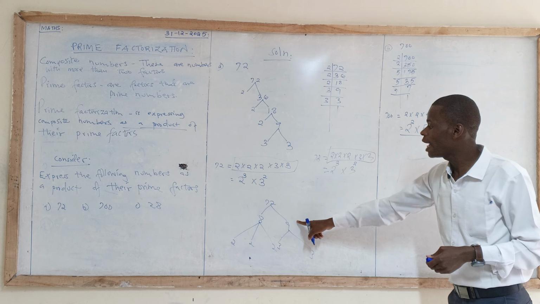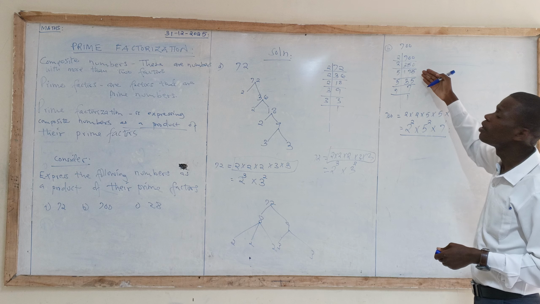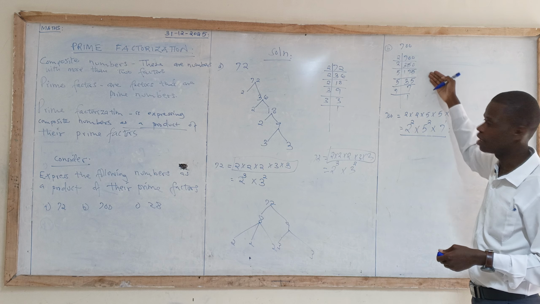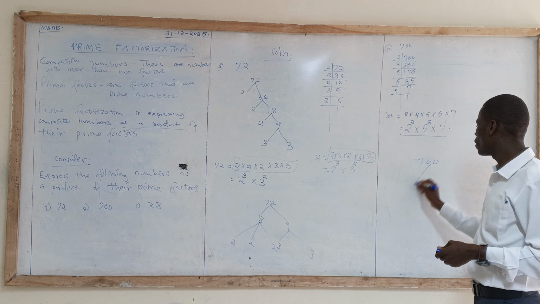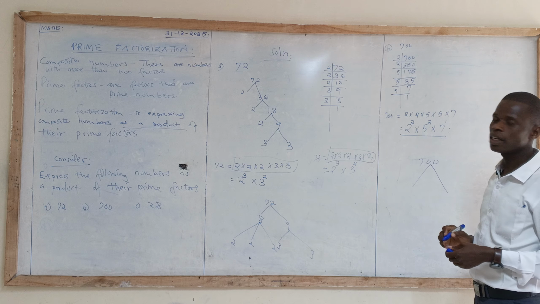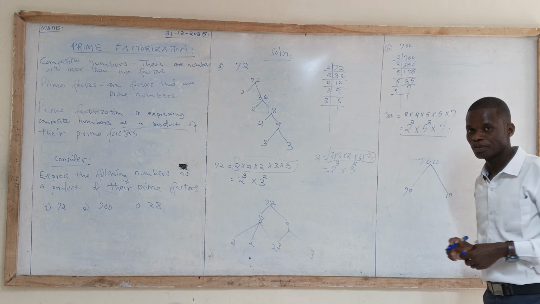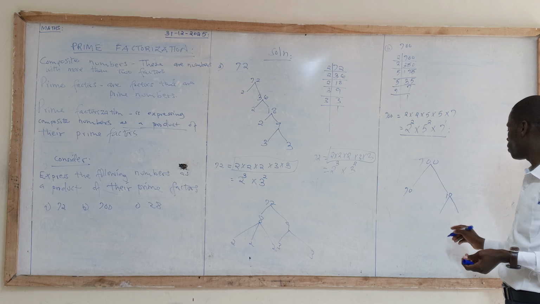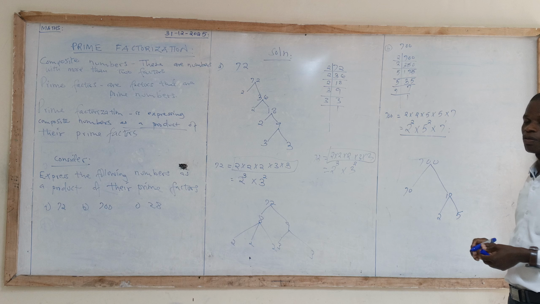Now, I can also apply this other method, since it is hard for me to simplify 700 like this. I can say 700: two numbers that if I multiply, I get 700, that is 70 and 10. I can decompose. This one gives me 2 and 5.